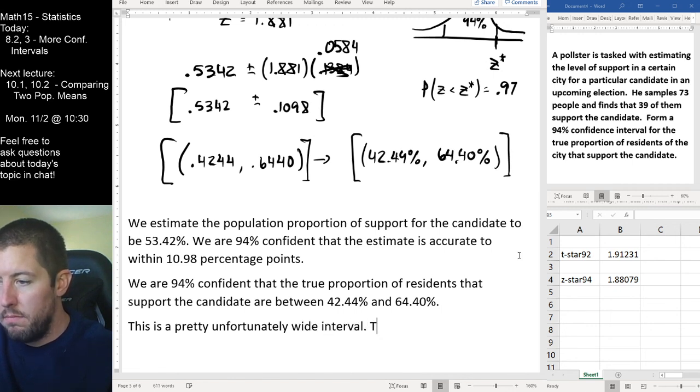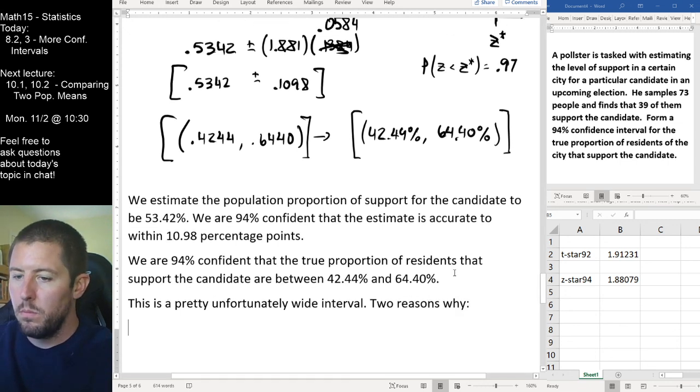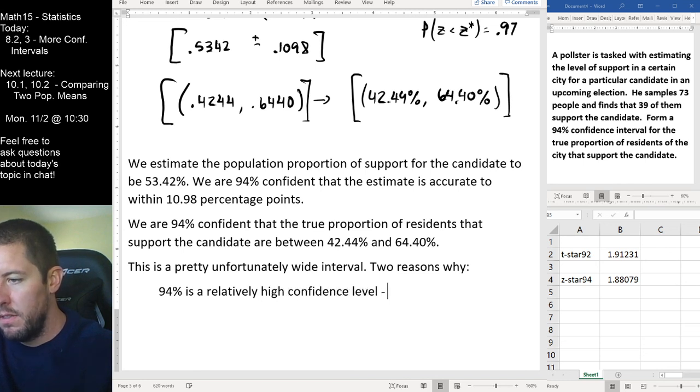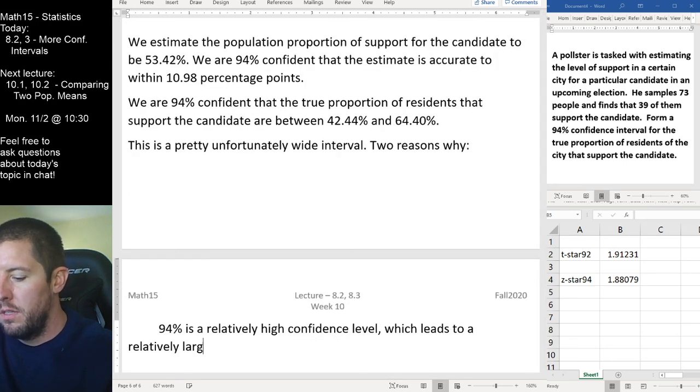Two reasons why. 94% is a relatively high confidence level, which leads to a relatively large z-star.